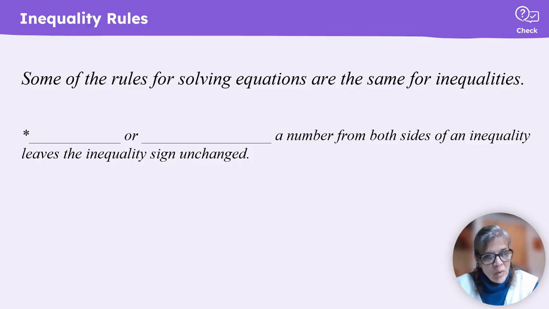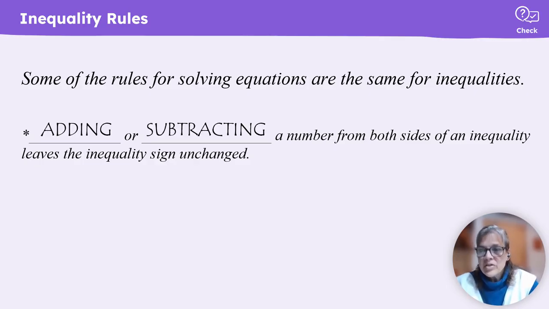Now, if you have equations with inequalities, some rules are just the same as when you solve equations. So for inequalities or for equations with an equal sign. For example, if you're adding or you're subtracting a number from both sides of an inequality, the inequality sign doesn't change.